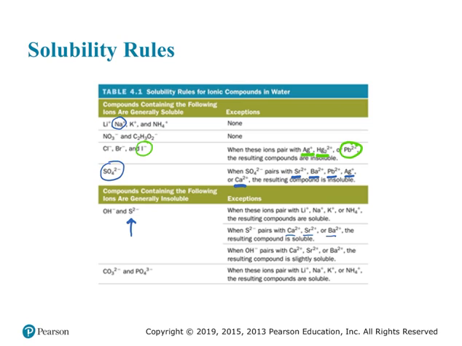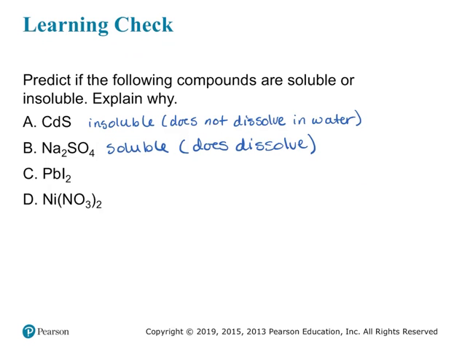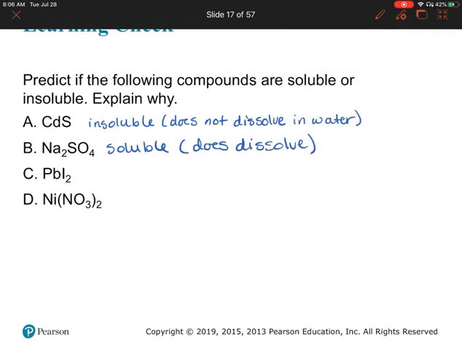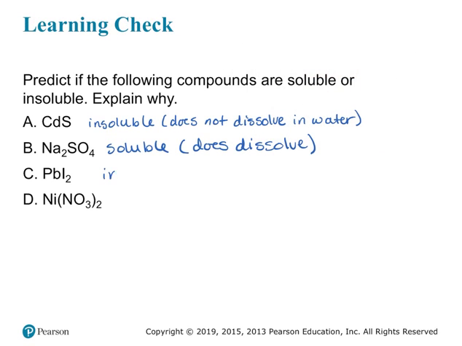In this case, iodide is bonded to lead, so that means that it's not going to dissolve in water. So this is an insoluble compound. The lead and iodide bond must be so strong that water cannot break it apart.